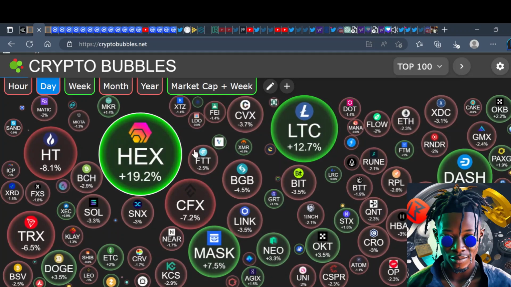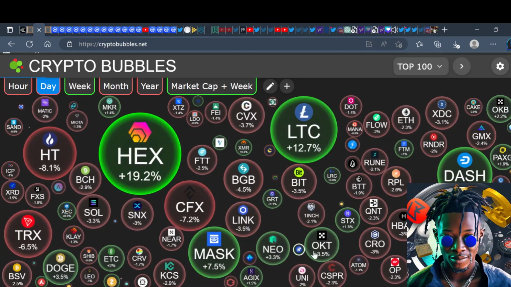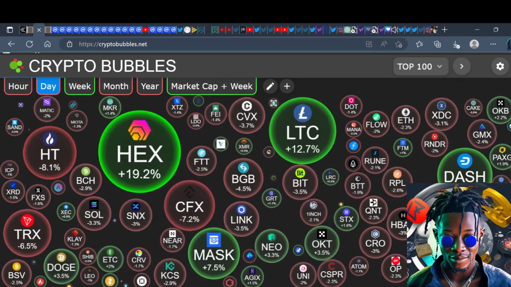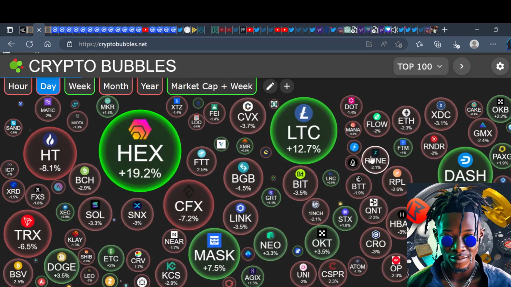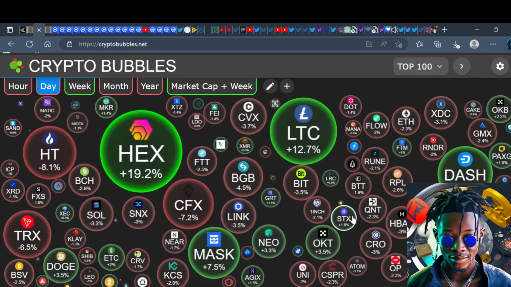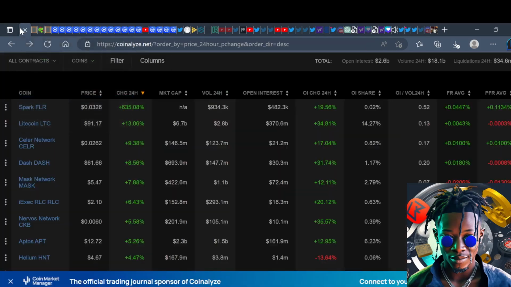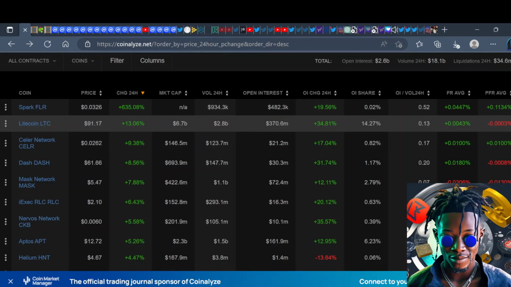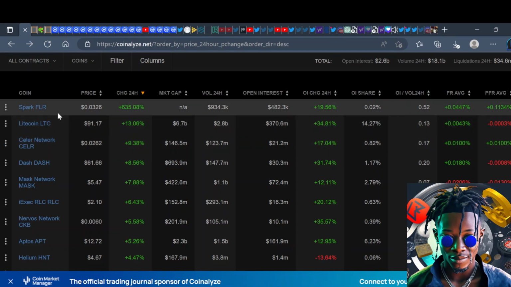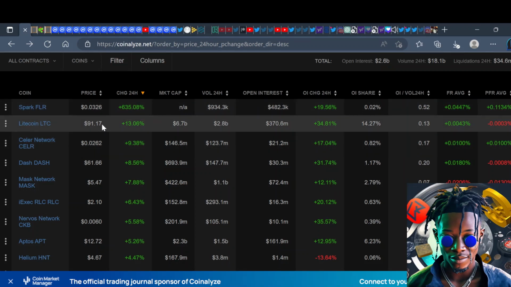Now, outside of Hex, you're seeing Litecoin, Mask, Dash, Aptos, and even let me see if I find another one. Stacks right here. All right, and if we swing over to the open interest website, Coinalyze, you can see that some of the strongest crypto projects right now that are being invested in, looked at on people's watch lists, have the most strength.